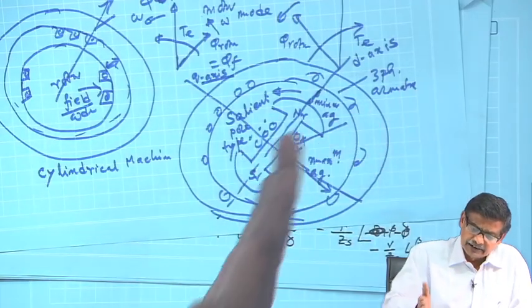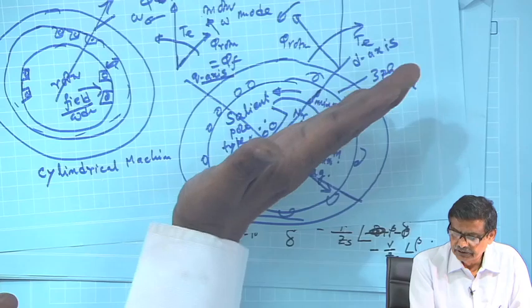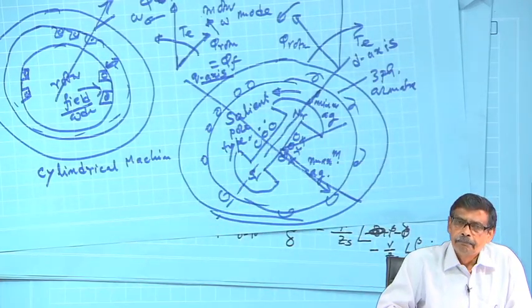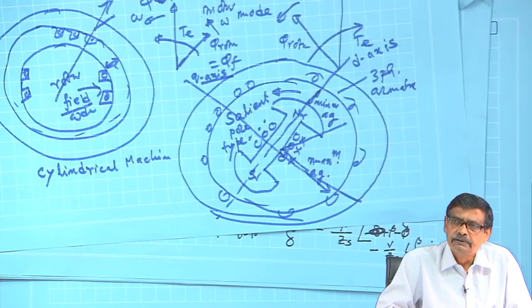As the power factor at which the machine is operating goes on changing, the position of MA, the armature MMF, will also go on changing. As it goes on changing, the air gap seen by the armature MMF will also be changing.